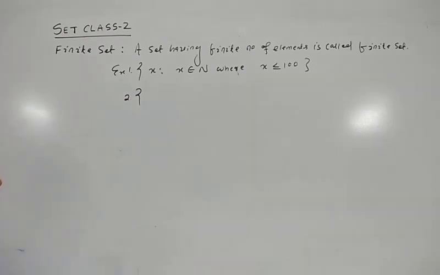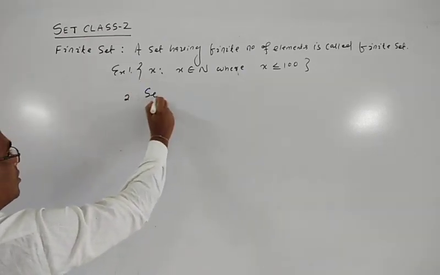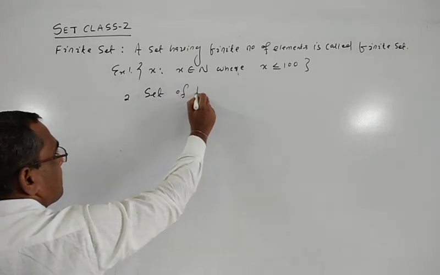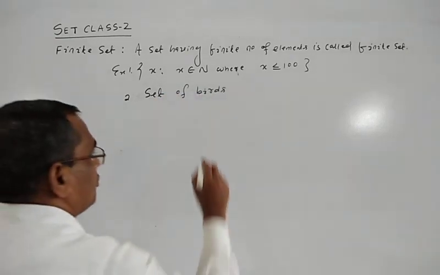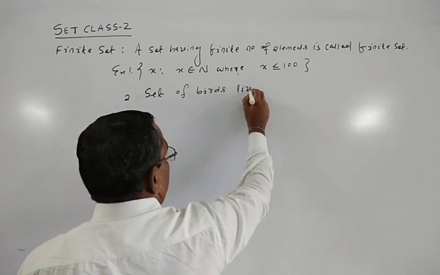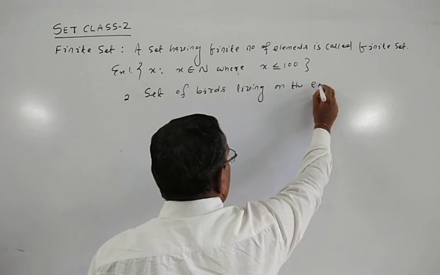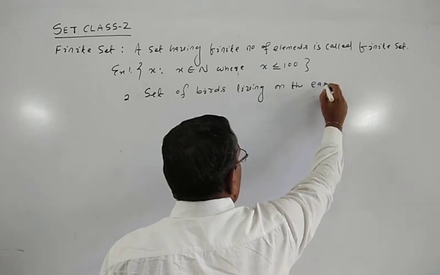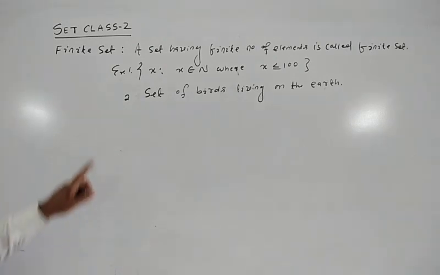Number 2: set of birds living on the earth. These are also finite sets.